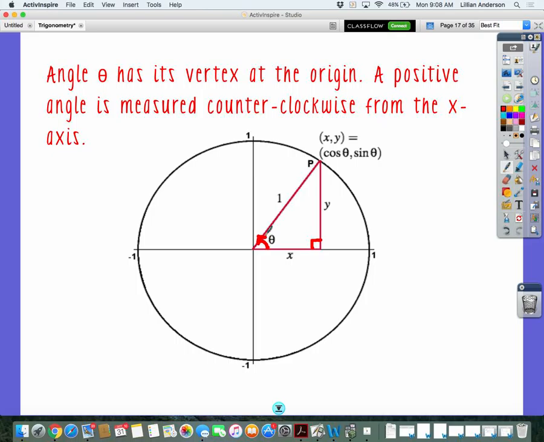And to find your adjacent side and your opposite side, it would basically be the cosine of that respective angle and then the sine of that respective angle. Okay? Those will also represent the x and y coordinates of said point that's located on the unit circle.